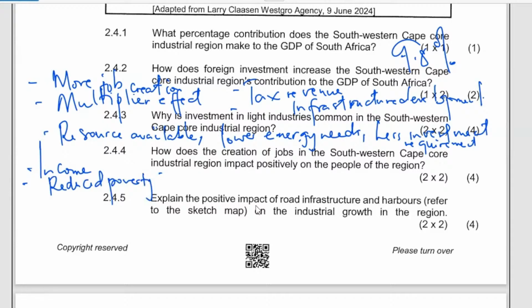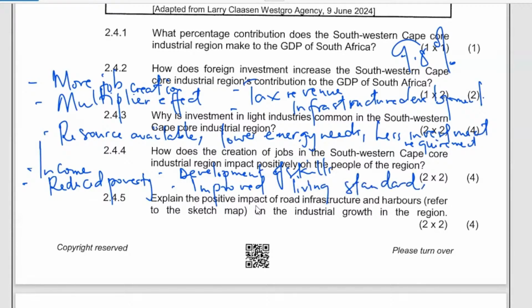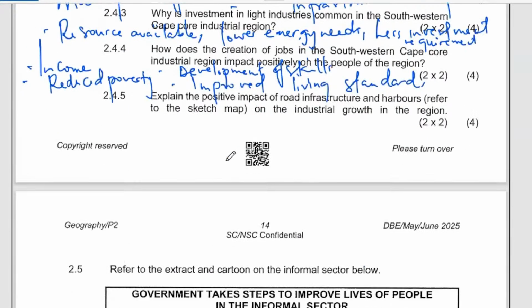Then we can also look at people who benefit from development of skills. As they perform their activities in the industries, they also have skills development. Then you can also look at improved living standards. All right, that is basically how people are going to benefit from the creation of jobs in that industrial region.